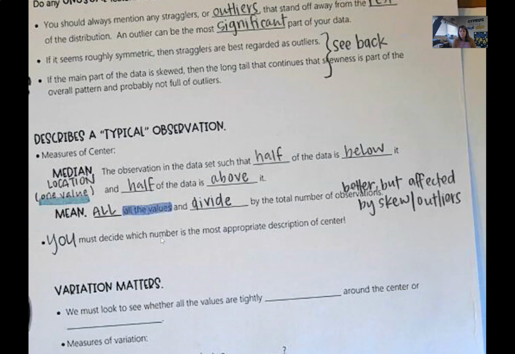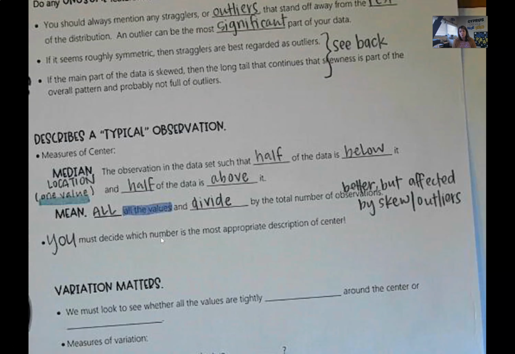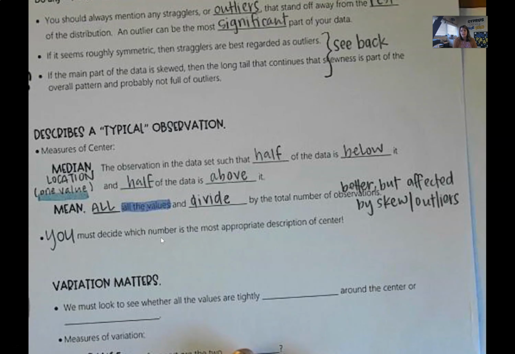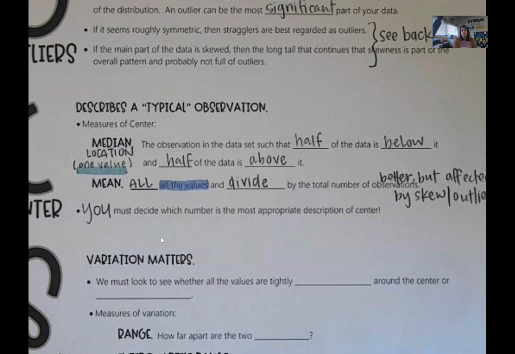The mean is better, but affected by skew or outliers. So because of that, you can't always use it. The median, you can always describe the typical observation with your median.